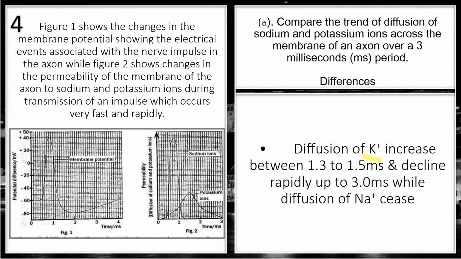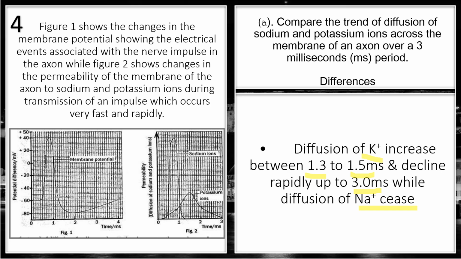The diffusion of potassium increases between 1.3 to 1.5, and declines rapidly to 3 milliseconds, while the diffusion of sodium ceases.